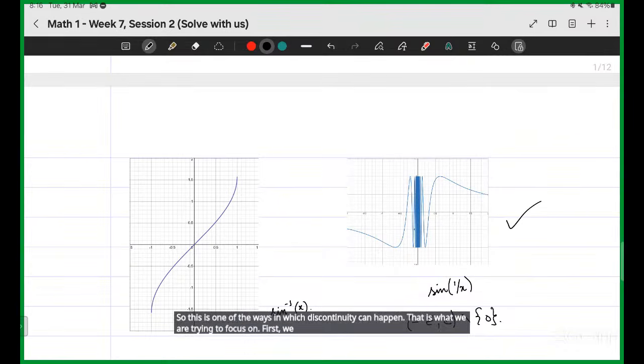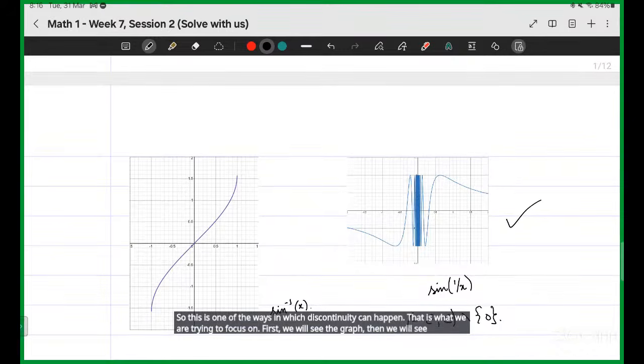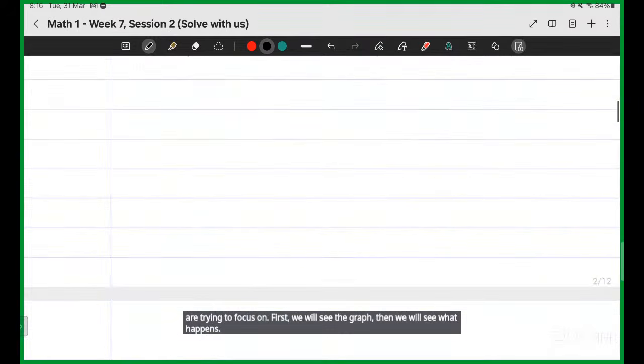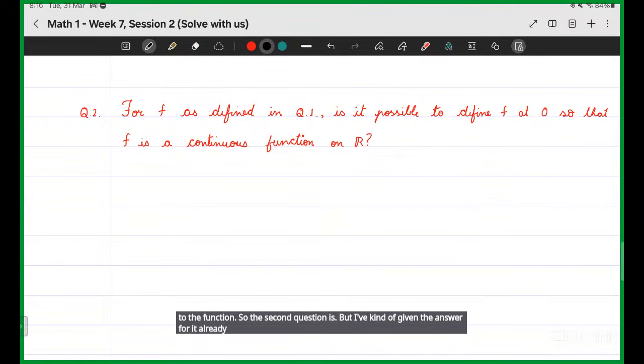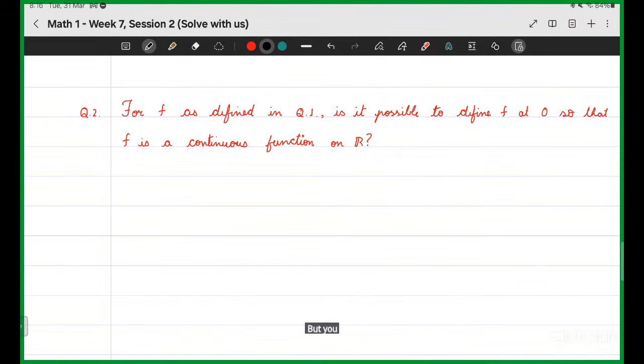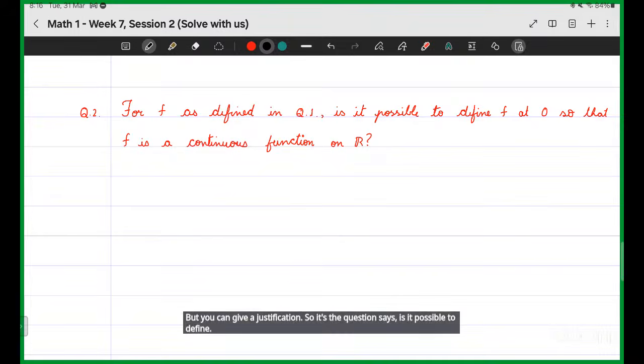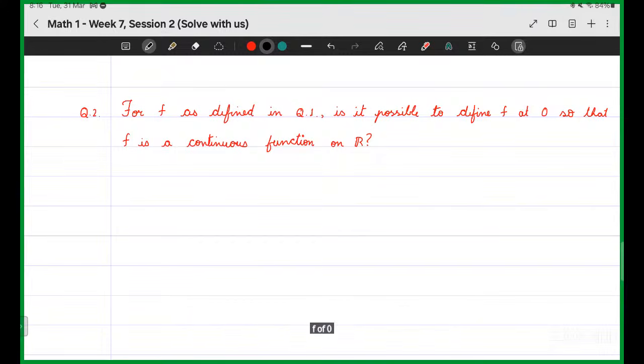First, we'll see the graph, then we'll see what happens to the function. So the second question is, well, I've kind of given the answer for it already, but you can give a justification. The question says, is it possible to define f of 0 as any number that you want, so that f becomes a continuous function?